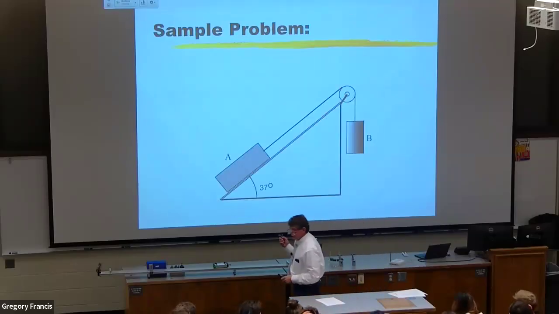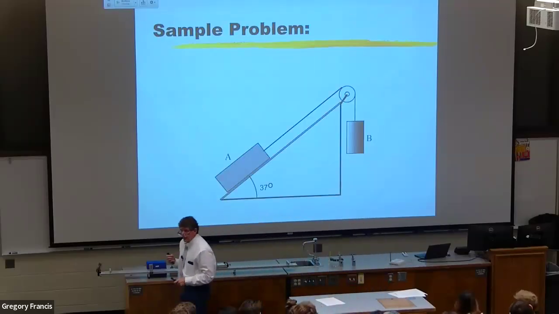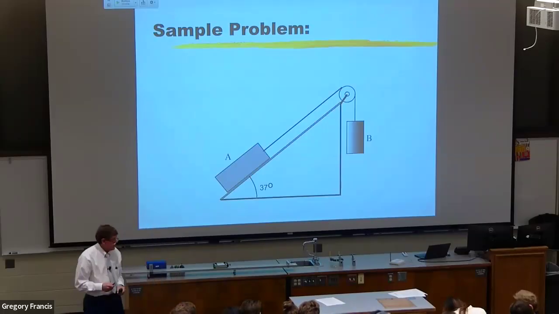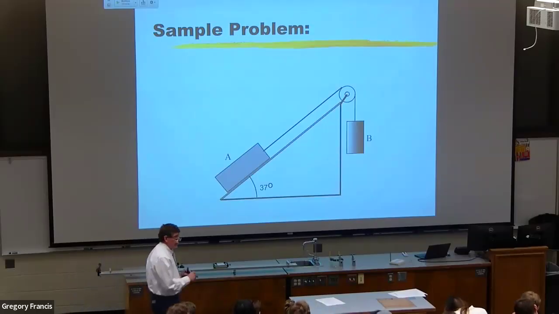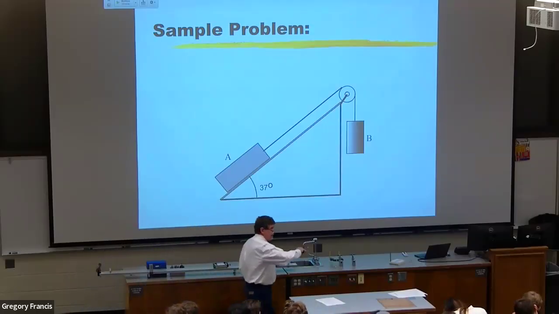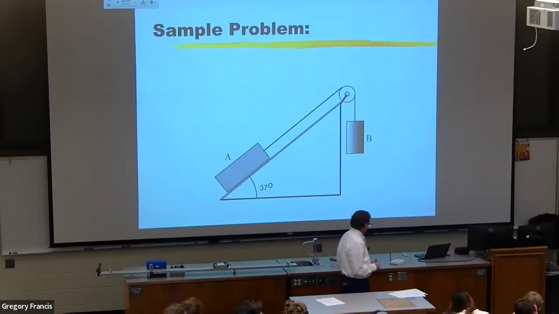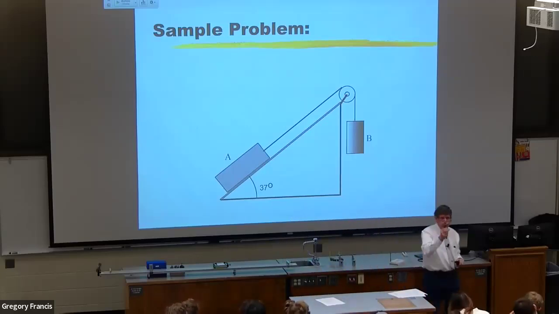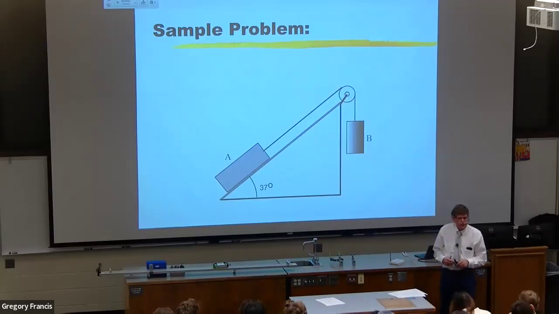Now, this is an old exam question that was given many years ago. And what we've got here is a block A that weighs 50 newtons on a frictionless ramp. And we find that if we hook it over a massless pulley with a massless string, that block B will pull it up that ramp at a constant velocity.